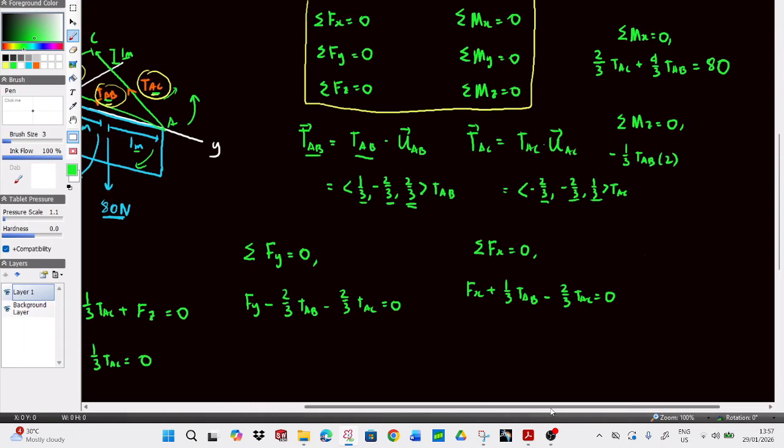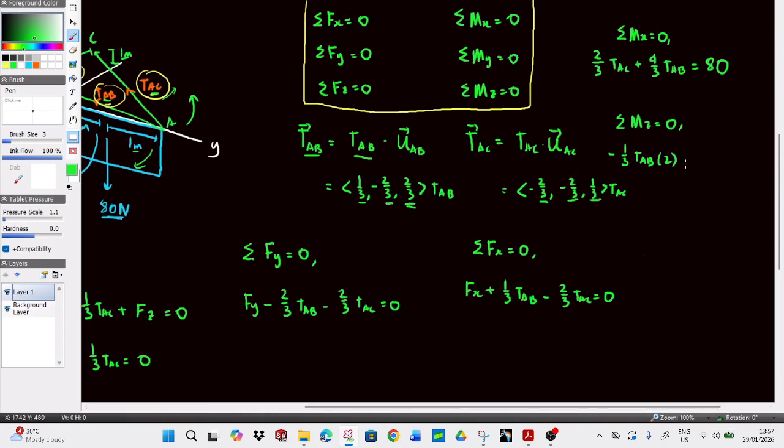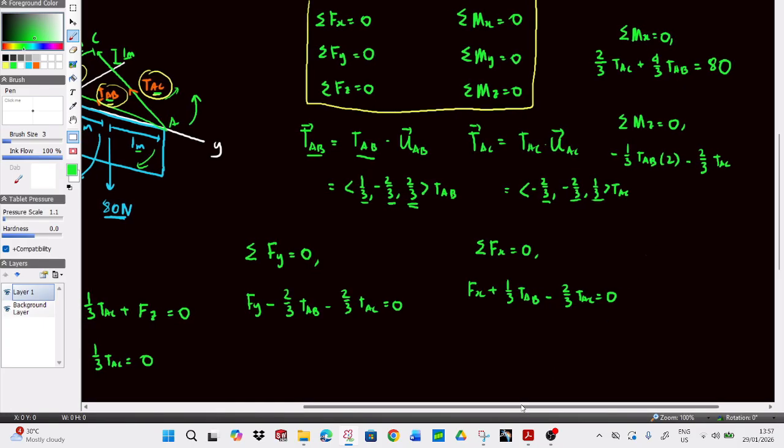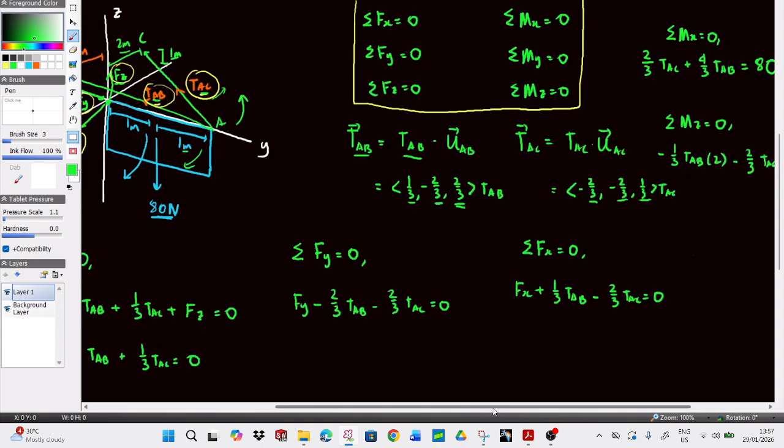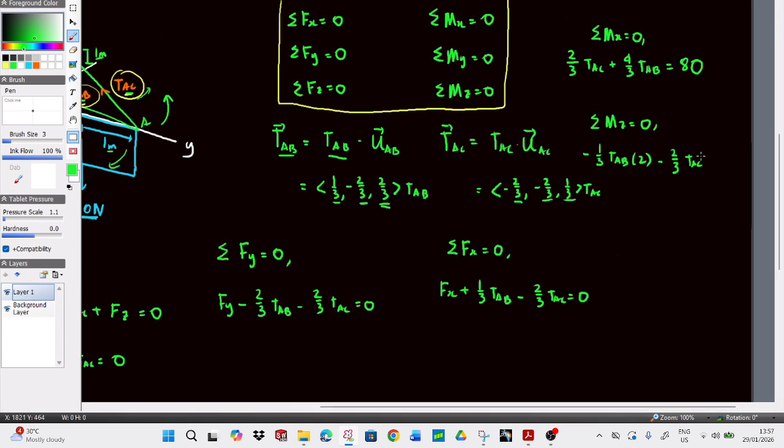So it would be minus 2 over 3, because here's already negative 2 over 3 but we put a plus, so it becomes a minus. Negative 2 over 3 TAC, and it's also going to be 2 meters, which is equal to 0.